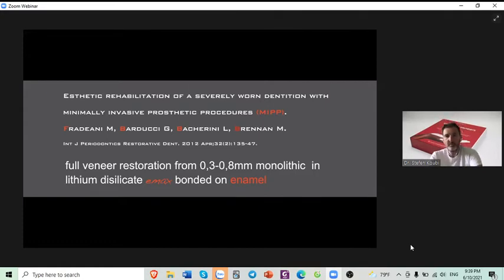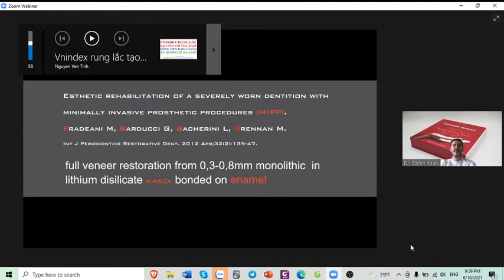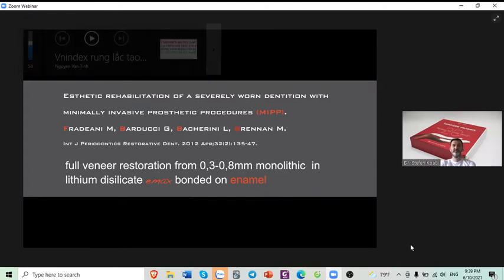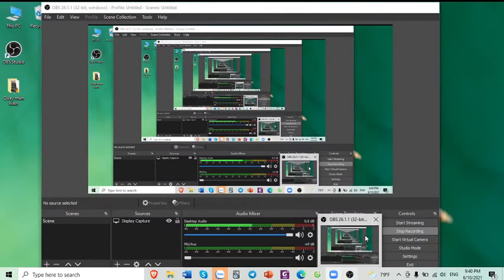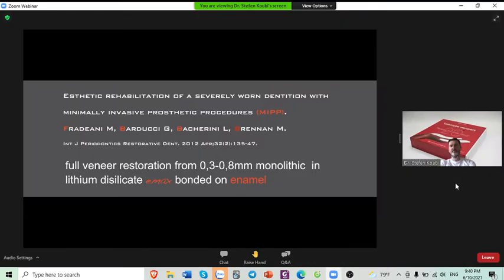So one of the first schools, keeping in the prep philosophy, proposed to make monolithic crowns, where they will be able to make crown preps almost inside enamel, because of the fact that they increase the vertical dimension. So it was proposed by the fantastic Mauro Fradiani, and with all of his team.